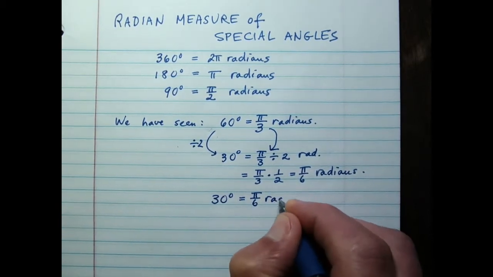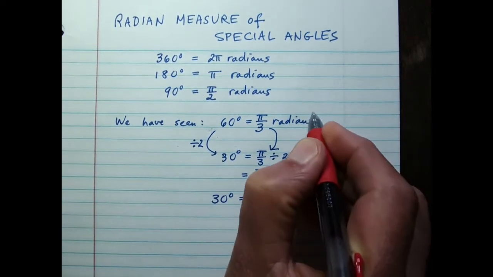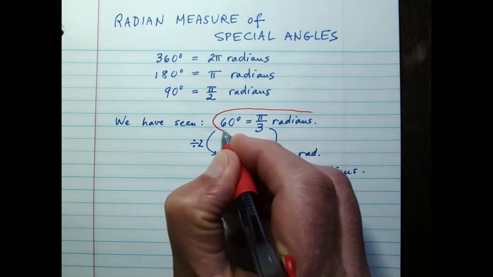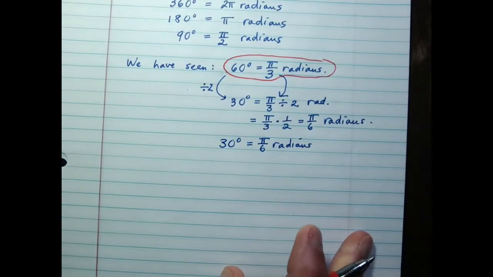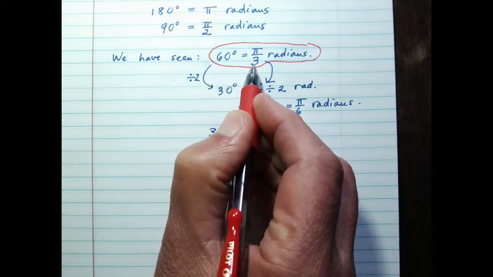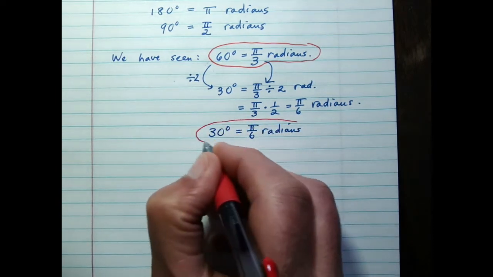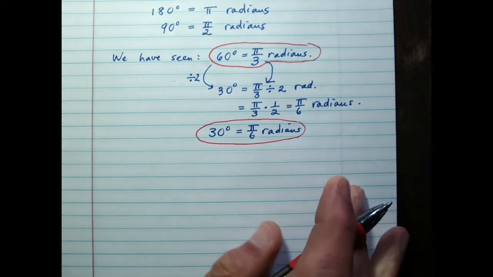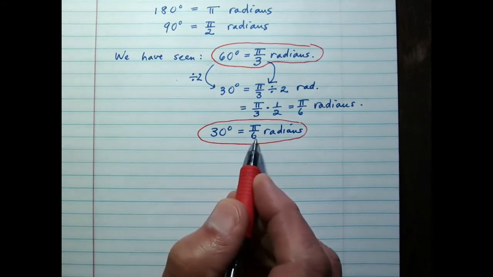Unfortunately, this has always been troubling: 60 degrees is pi over 3 radians, with a 3 in the denominator of the radian fraction. The 30-degree radian equivalent, 30 degrees equals pi over 6, has a 6 in the denominator.